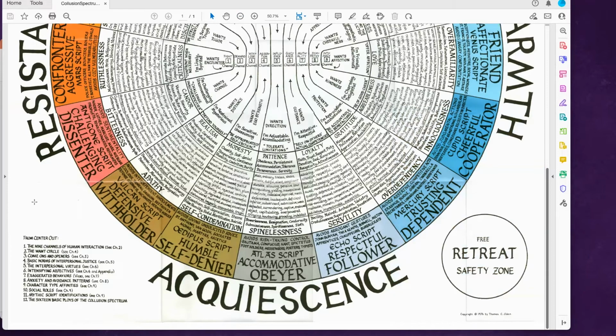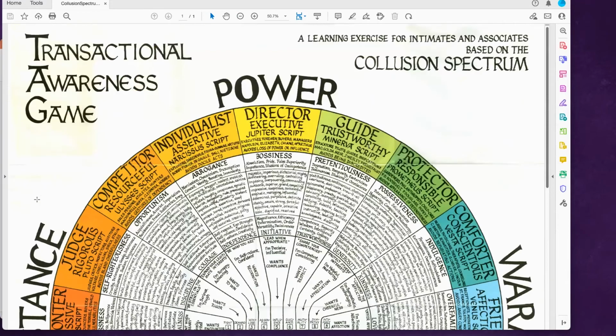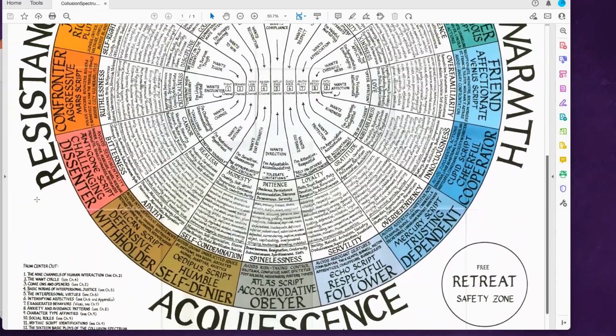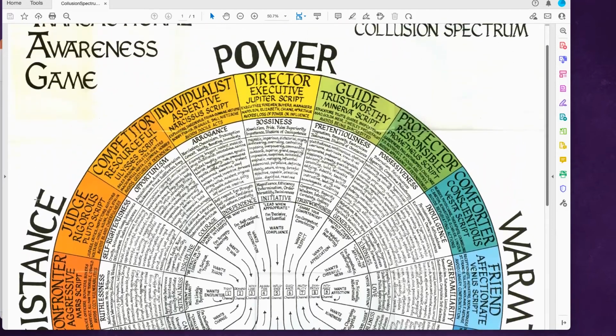All right. So let's start with the four outermost words: power, warmth, acquiescence, and resistance. Interesting. So we had already said that we believe that power could live where on the change grid? Out grid. Where else do people perceive themselves as being powerful?